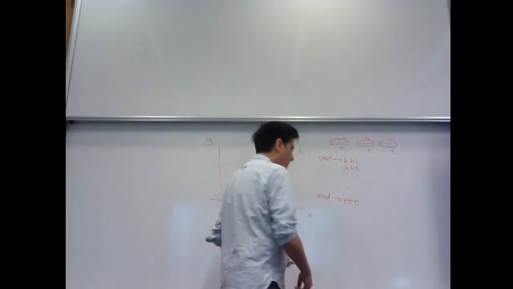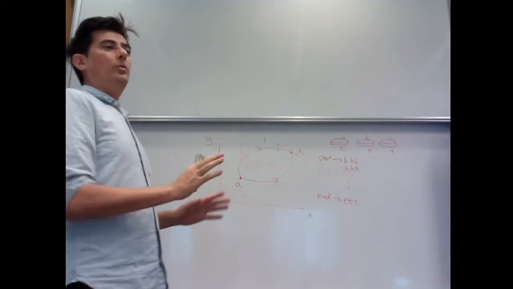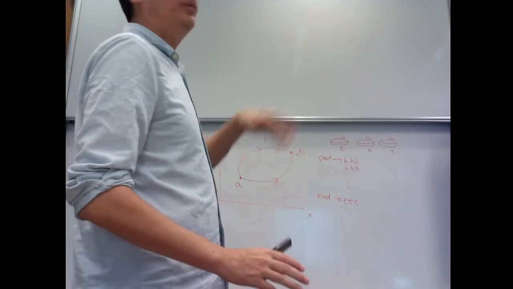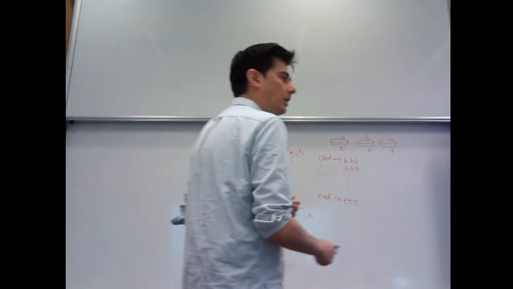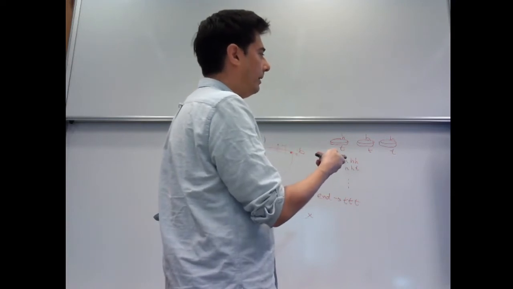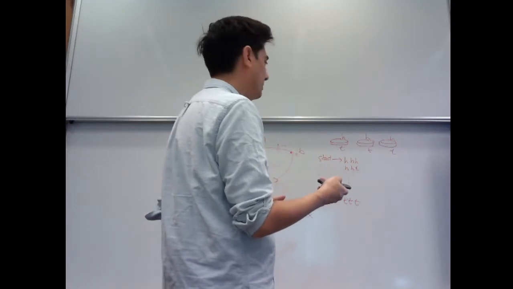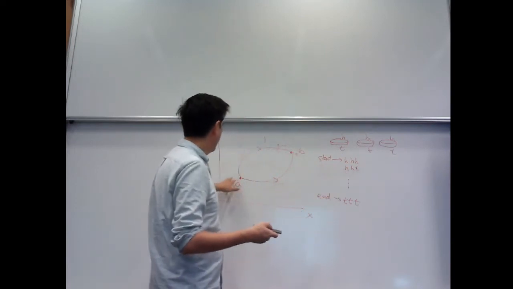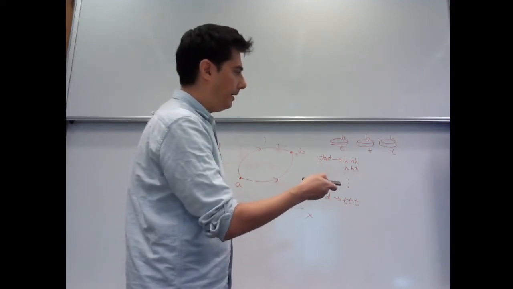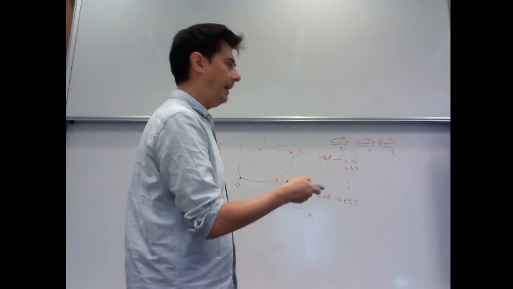And so whatever your system happens to be, the test for whether it's a conservative force is that if you go in a loop, so in this case, I was saying go from A to B in different paths, but you could go from A to B and then back from B to A, and that would be like a loop.